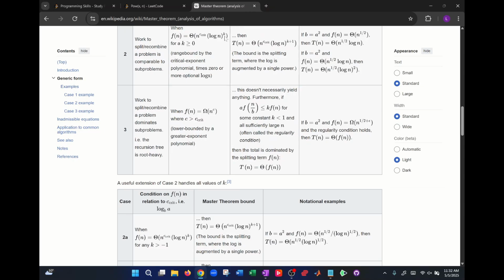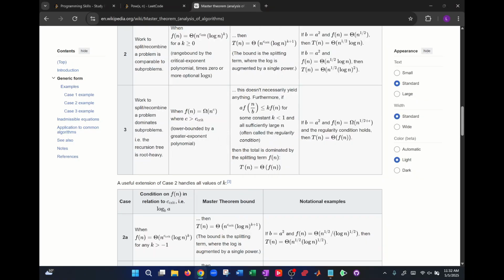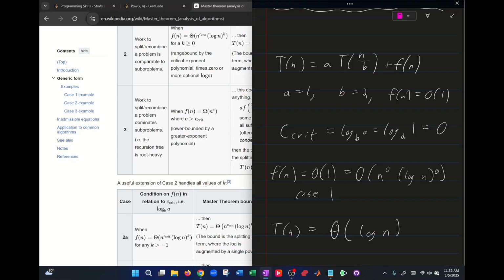So here, in the statement of this, we set k to be equal to 0. So this is going to be 0 plus 1, which is 1. So it's just going to be log n to the power of 1. So that's just log n. Okay, so the complexity of this algorithm is log of n.